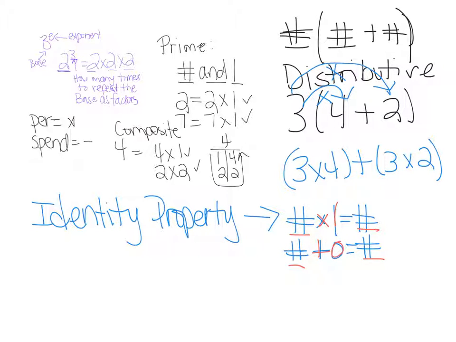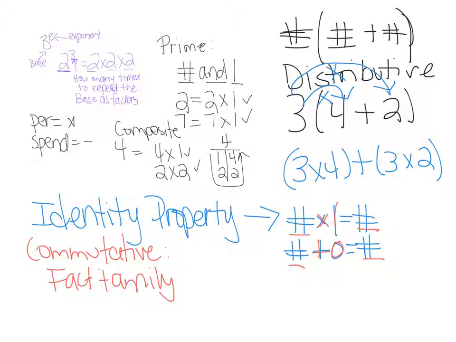The other property that's in here is commutative. That means order doesn't matter. Commutative. Think about that fact family. Remember, you can change the order.